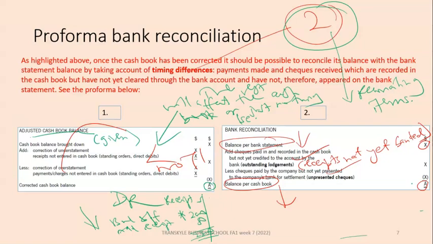So they are not yet credited to our bank account. So you just have to know that outstanding lodgements are checks from customers which we have recorded in the cash book but which are not yet credited to our bank account.